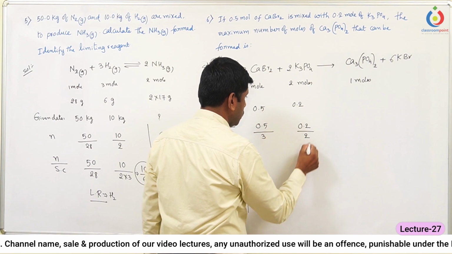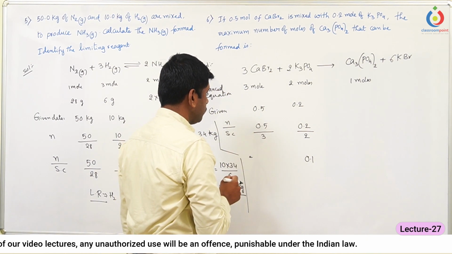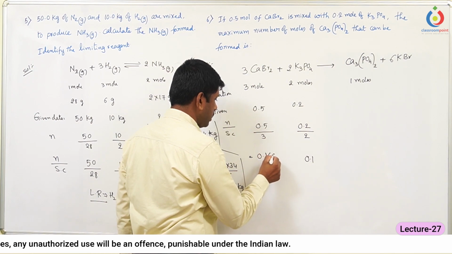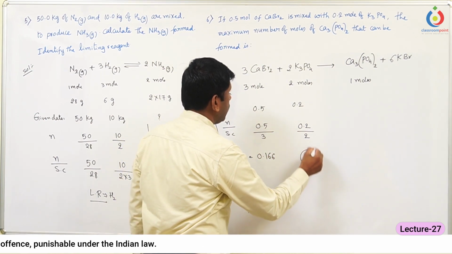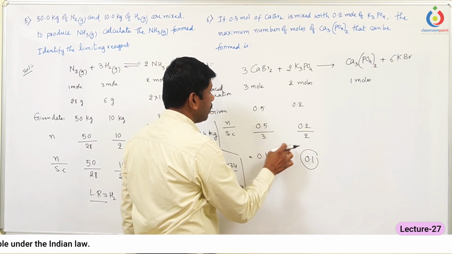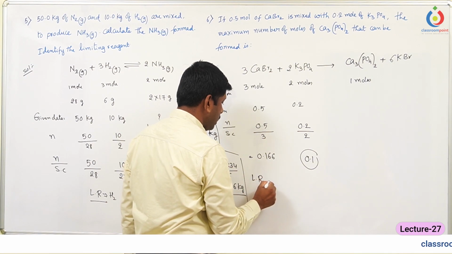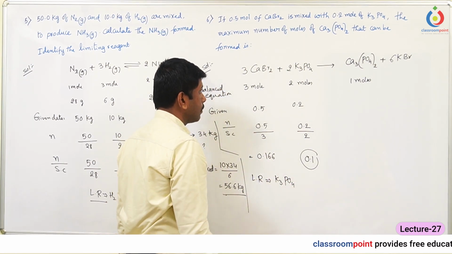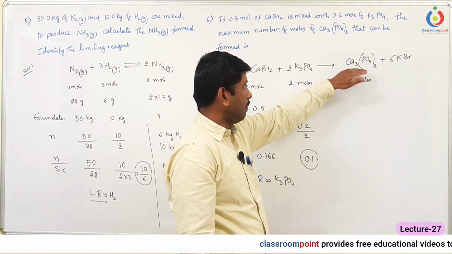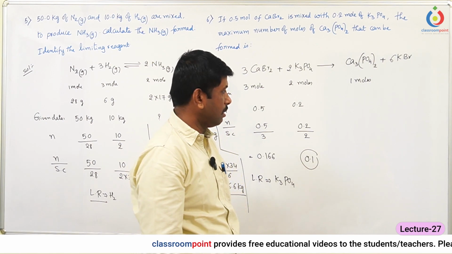Let us solve this. This will give 0.1 and this will give you 0.166. So the value is least for potassium phosphate, so the limiting reagent is K3PO4.